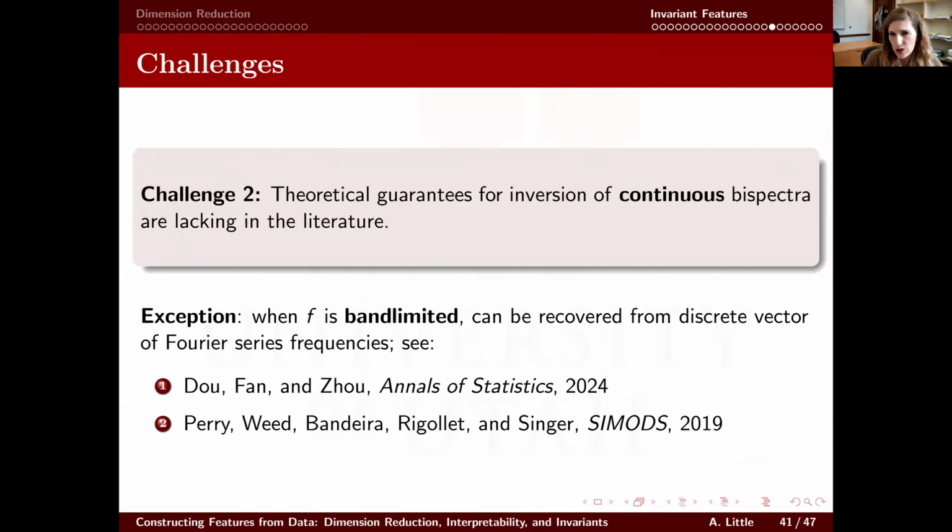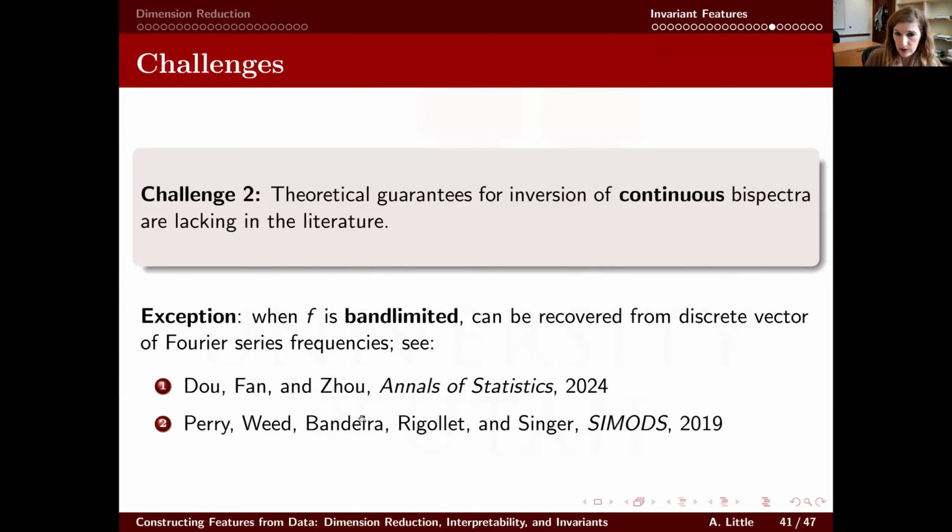Another challenge is that theoretical guarantees for inversion of continuous bispectra aren't really present in the literature. I swept that under the rug a little bit, but most of the MRA models and the theoretical guarantees treat the hidden signal as a discrete vector. In the more natural model of thinking about it as a function, we don't have theoretical guarantees for the recovery yet, except if that function is band limited, where things go back to the discrete case.